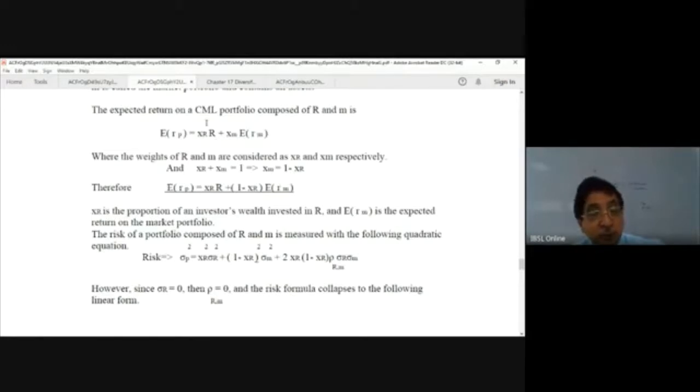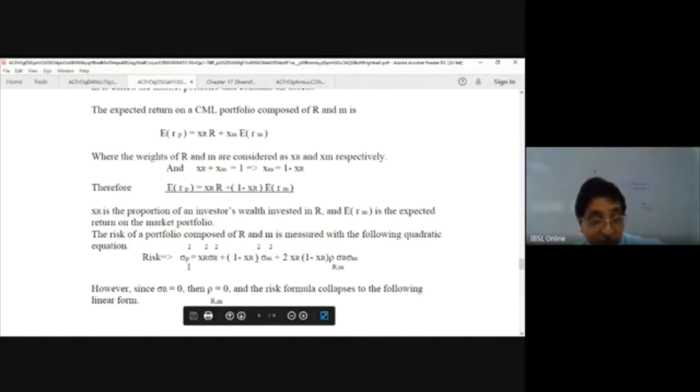Now, the portfolio of risk-free assets will have a return of R. Portfolio of risky assets will have a return of ERM. And we will assume the risk or standard deviation of risk-free assets as sigma R, standard deviation of risky assets as sigma M. Right? And with that, we apply it to the equation to calculate the portfolio risk.